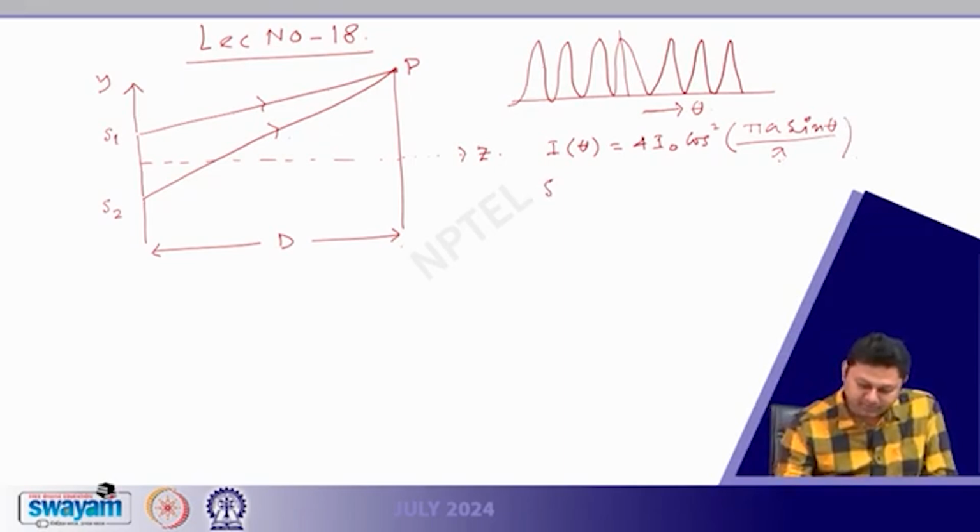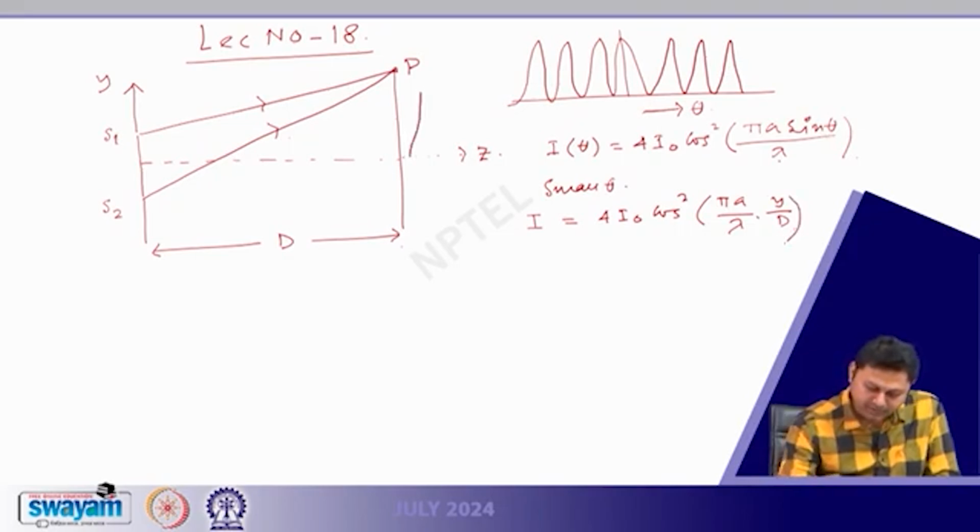Now for small theta, this expression changes and we get an expression in terms of other parameters: cos square of pi a divided by lambda times y by D, where y is measured from here to here.